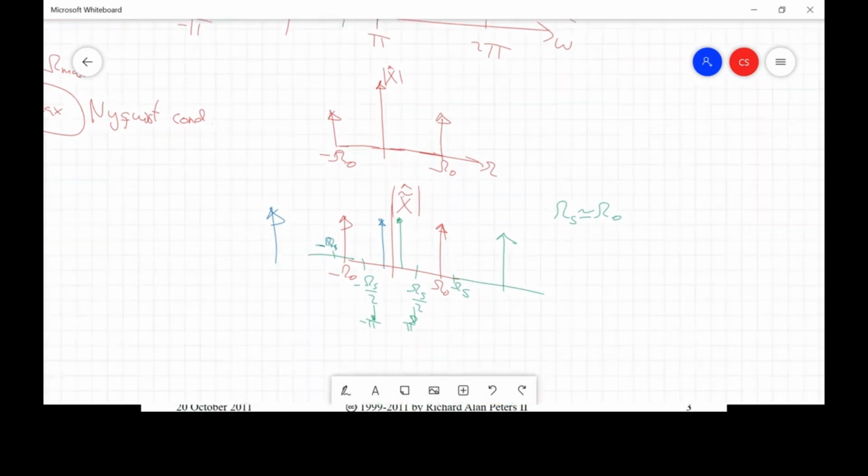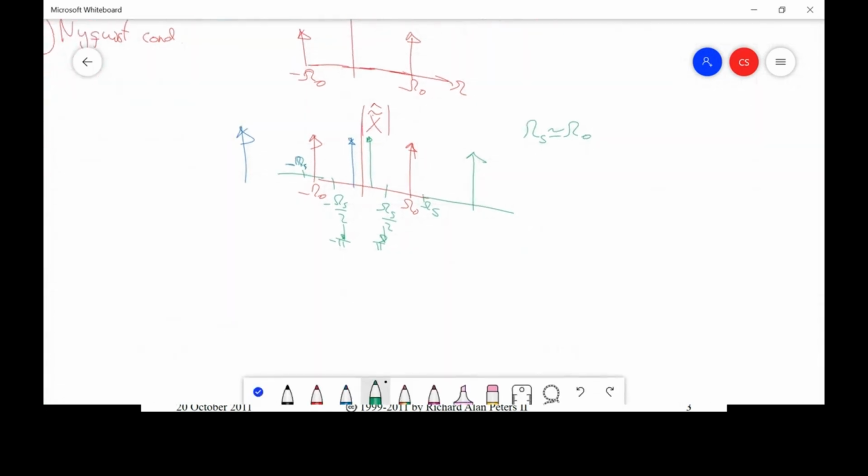Okay, so now my spectrum will look like this. So I will have a copy, another copy, and then I have minus pi, pi. And this is X tilde.